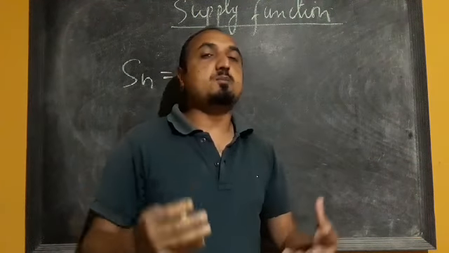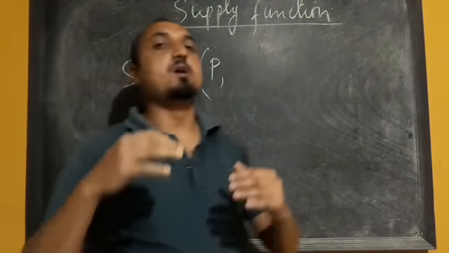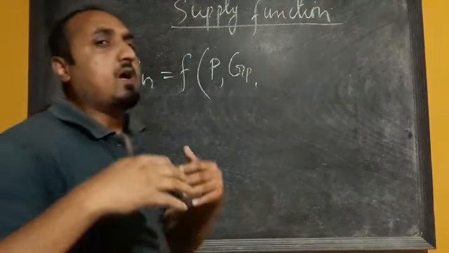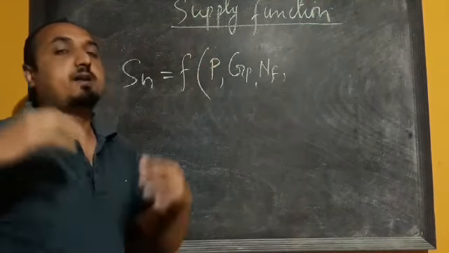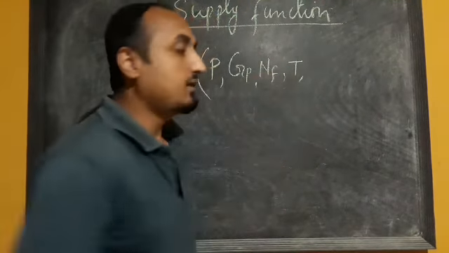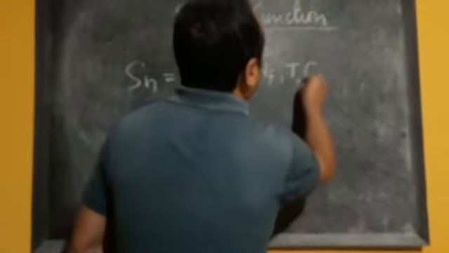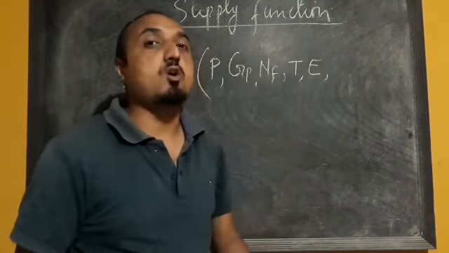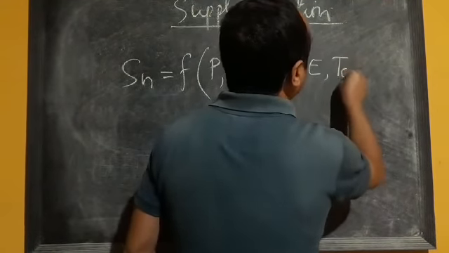We know that the determinants of supply may be the price of a commodity, goals of the producers, natural factors, let's represent that by NF, taxation policy of the government, represented by T, the expectations regarding future prices, represented by E, and technology or techniques of production, represented by TE.